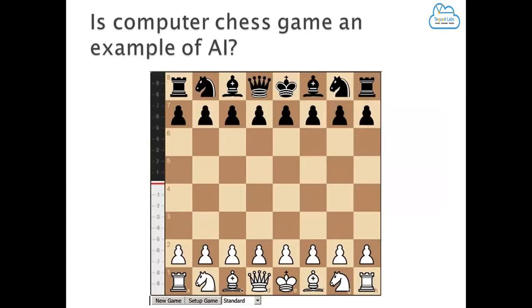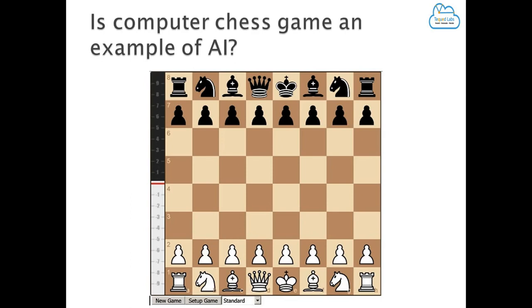Okay, so coming to the next question: is the computer chess game an example of artificial intelligence? Whenever we consider the computer chess game, the important thing is that it is found in different kinds of operating systems, mobile phones, and devices. So is this an example of artificial intelligence?